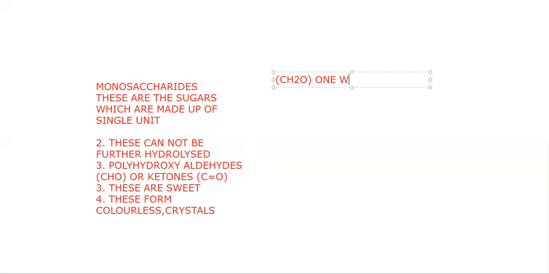Now if we look at the empirical formula of the monosaccharides, it is (CH2O)n. As I already told you, these are hydrates of carbon. One water molecule is attached to one carbon, one water molecule to one carbon.